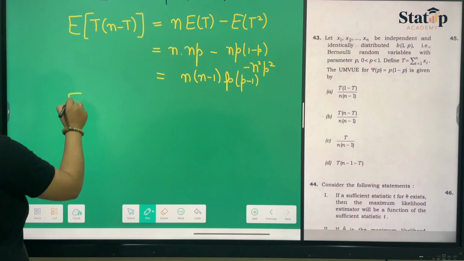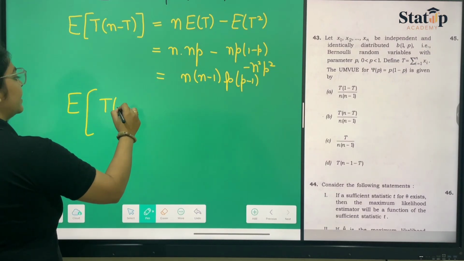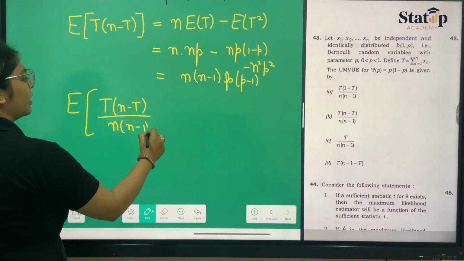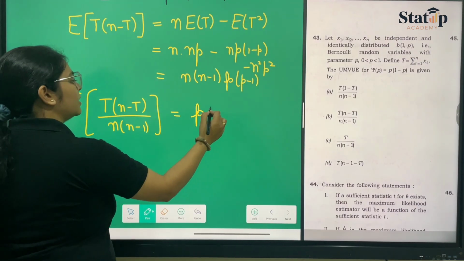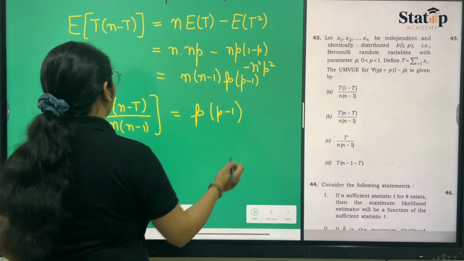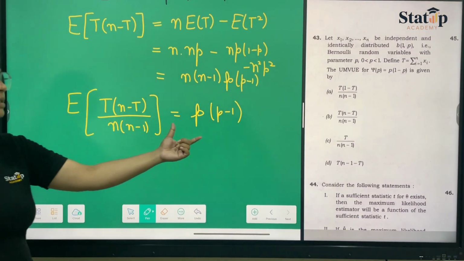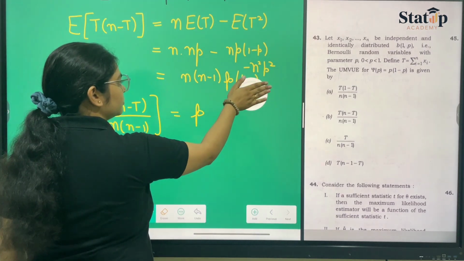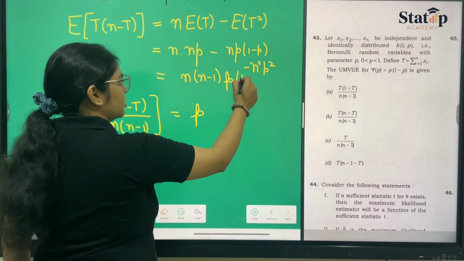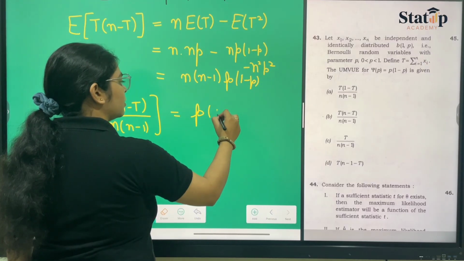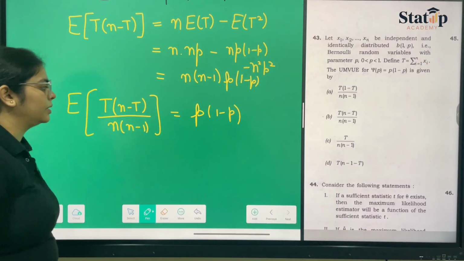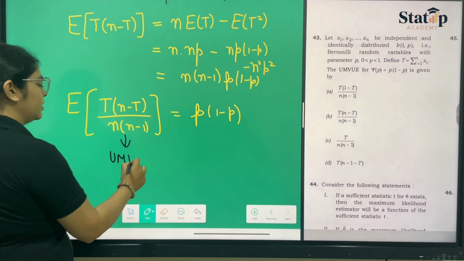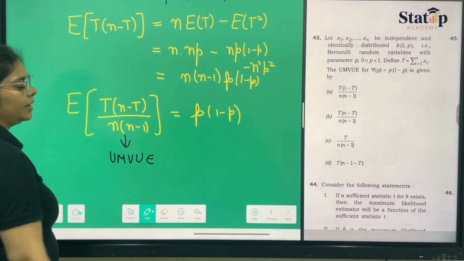So here you can take expected value of T(n minus T) upon n(n minus 1) equals p(1 minus p). So this is our UMVUE of p(1 minus p).